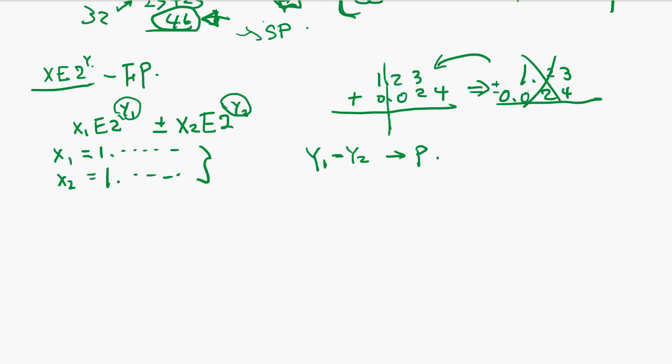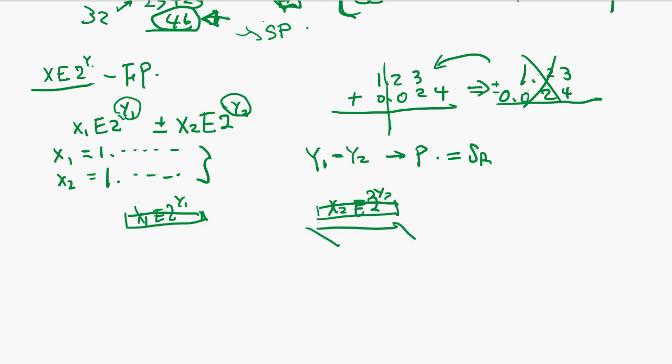And this positive number is the shift amount, shift right. So when you have this number x1 times 2 to the y1 and x2 times 2 to the y2, the first thing is you have to shift the number to the right. And how much shift amount?